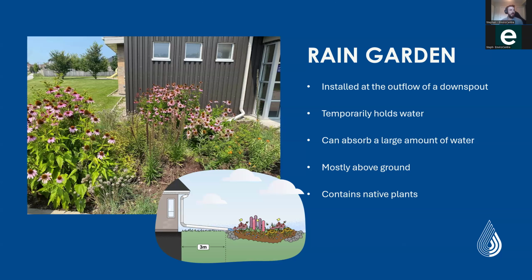And the other thing, rain gardens are great for people if you like gardening. There's beautiful plants that you can put in a rain garden. But also, if you like flowers but you're not a big gardener, that's okay too. A rain garden is made with native plants, which are very used to our ecosystem.